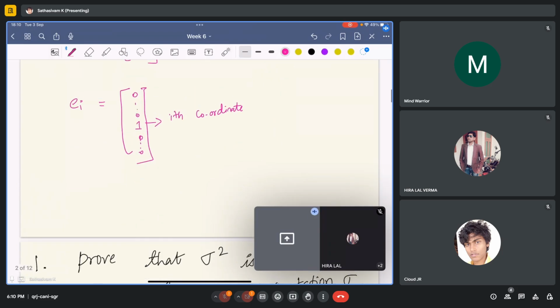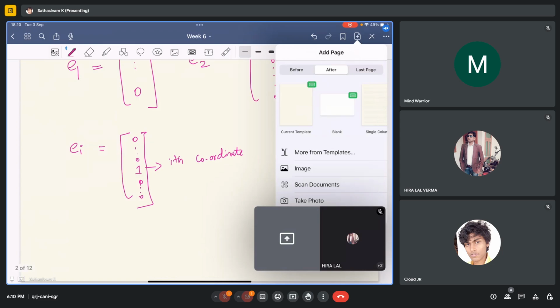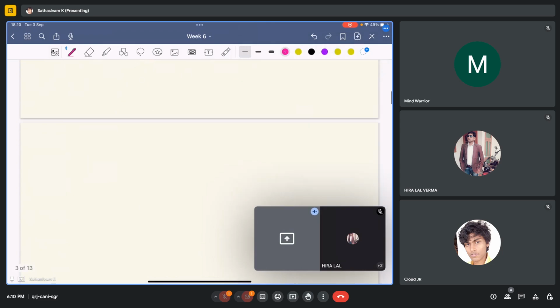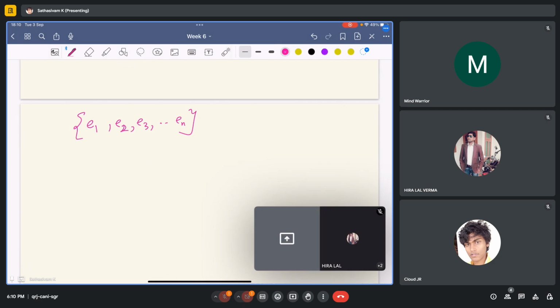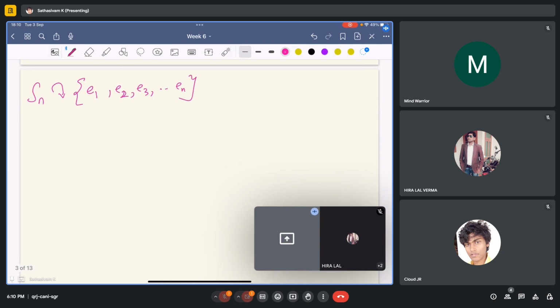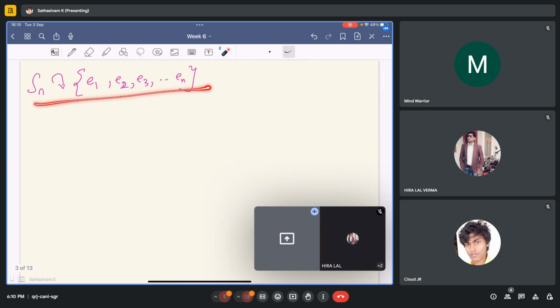Now what you can do is the following. Take e1, e2, e3, up to en. This Sn will act on these. Later we will do group actions, but I will skip the group action here and directly go to what is happening.